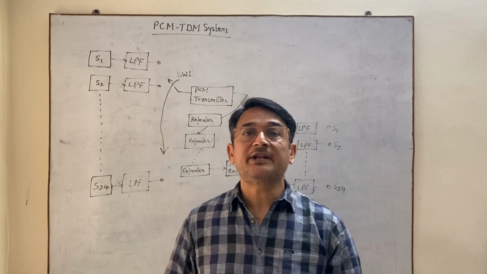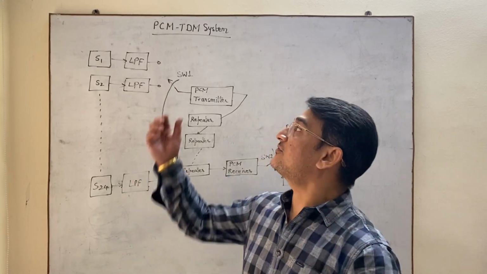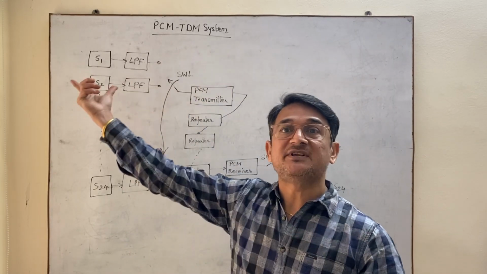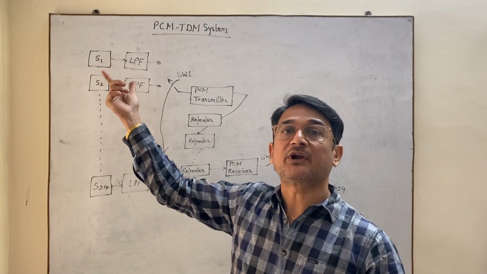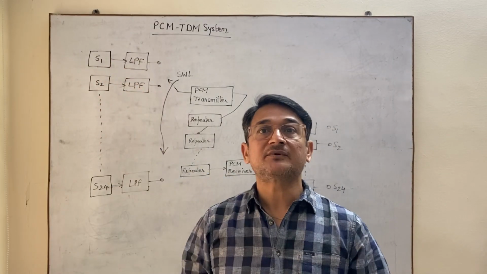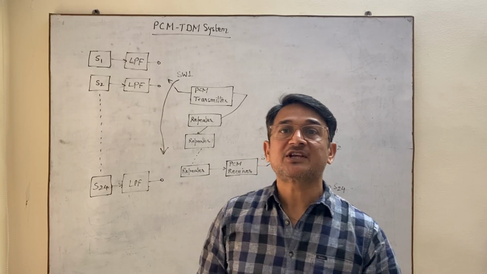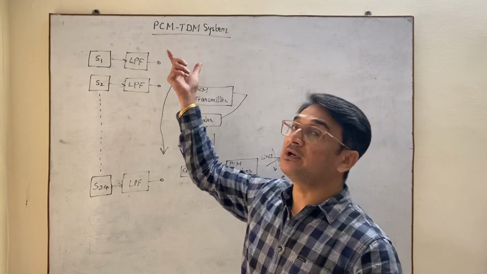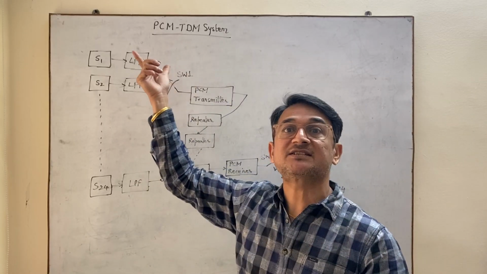Now, in continuation with time division multiplexing, we will understand the concept of the PCM TDM system. PCM, pulse code modulation, we have already discussed in the previous video. Now if you have many pulse code modulated signals and you want to transmit them, how will you transmit those PCM signals with the help of a time division multiplexing system?